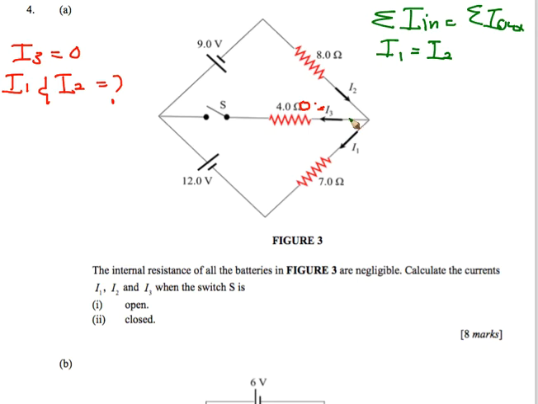We have a junction here because I3 is equal to 0. So I2 is equal to I3 plus, but I3 is equal to 0, meaning I1 is equal to I2. And the second Kirchhoff law is total EMF is equal to total drop voltage, total IR.